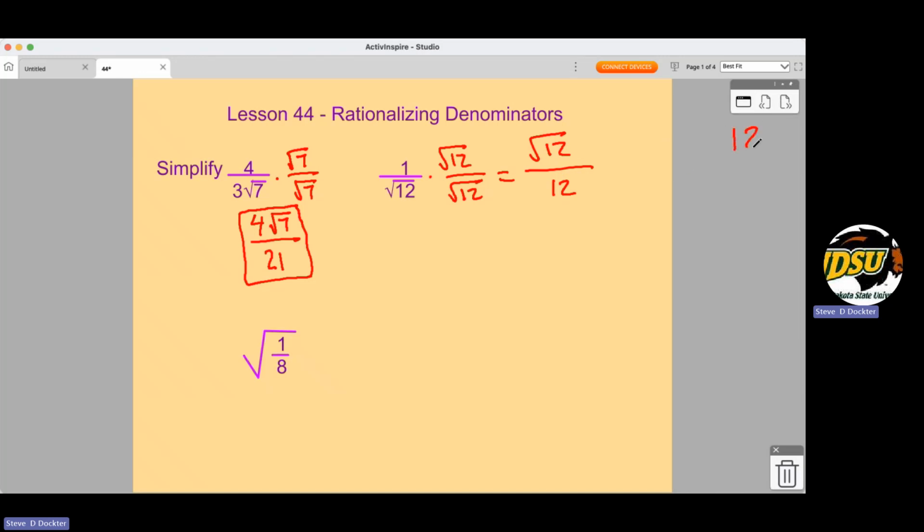Now remember, when you have square roots, you can do a factor tree for this. 4 times 3 gives you 12, and then 4 is 2 and 2. And since we have a pair of 2's here, that would mean for the square root of 12, we would have a 2 come to the outside, and a 3, because it doesn't have a pair, goes back underneath.